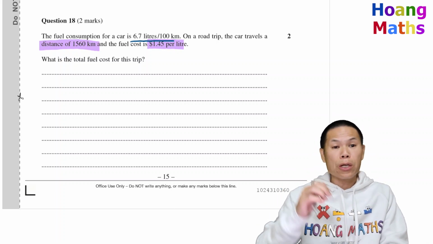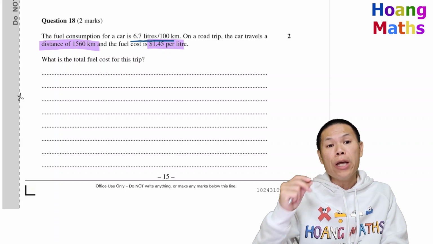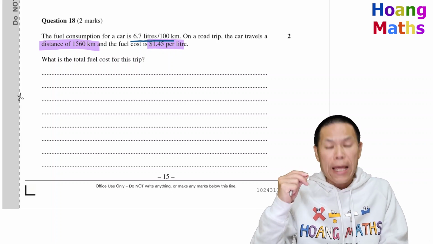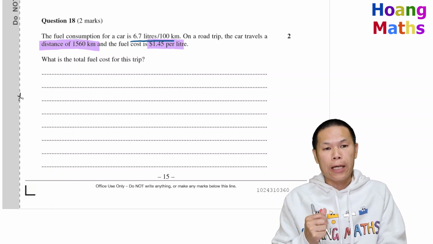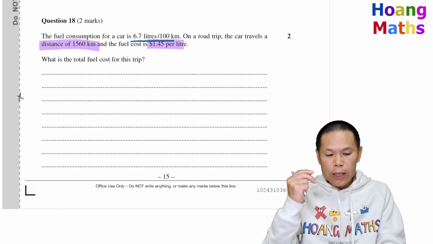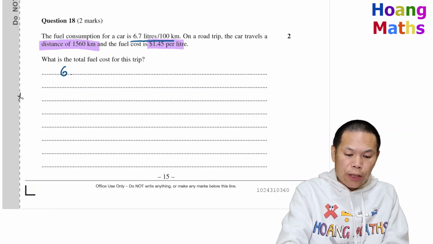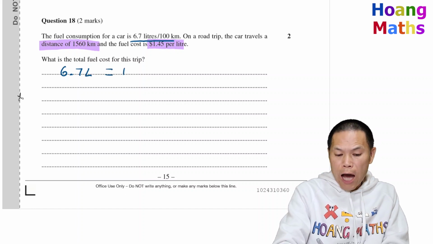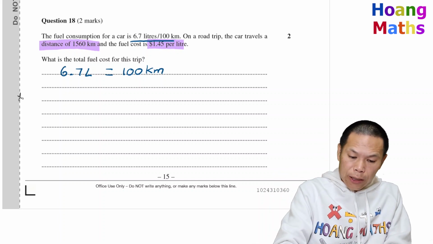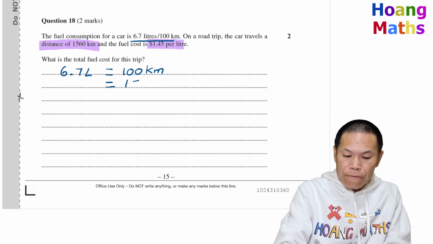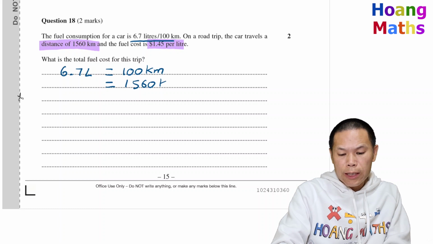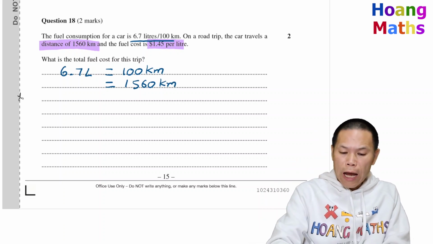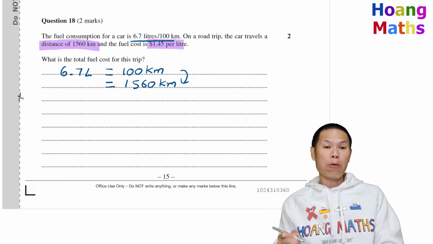To work this out, we first need to work out how much fuel is needed for 1,560 kilometers. We know that 6.7 liters can travel 100 kilometers, and the car travels 1,560 kilometers, so we need to work out how many times bigger that is.